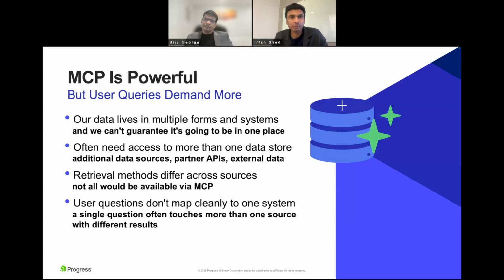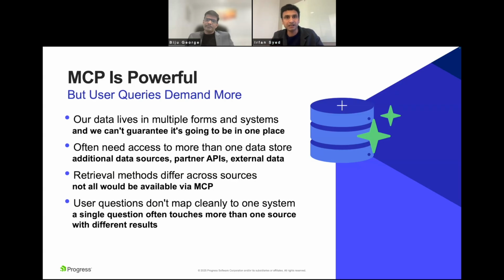At some point, you might also want to go to the outside world, like the internet, and extract data. MCP does solve the right purpose at the right time by retrieving data from different sources, but it's not in our control how customers' applications live.